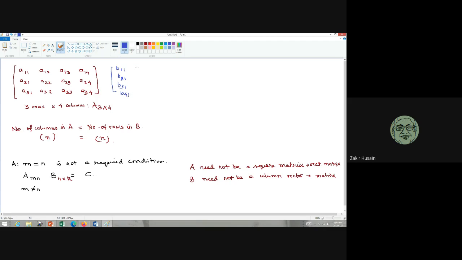How many columns do we have? They can be any number. See, I can multiply this by this. I can multiply this by this. It's okay. I can multiply this by the first column, second column, third column. So it can be any number of columns.